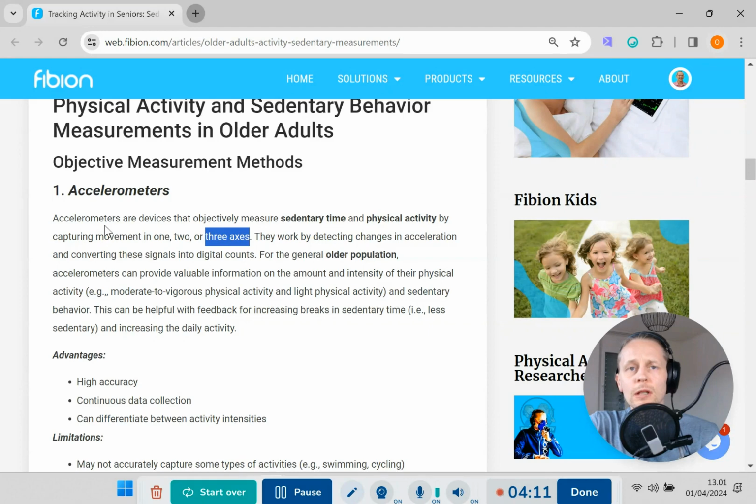One consideration with accelerometers worn on the skin, as thigh-worn ones often are, is that older adults, especially very old or frail ones, might have weaker skin. They might have health conditions that affect the skin, and in general the skin is not as strong and not as thick.